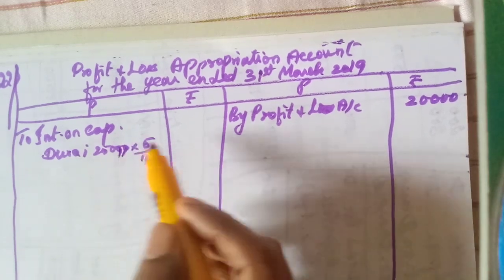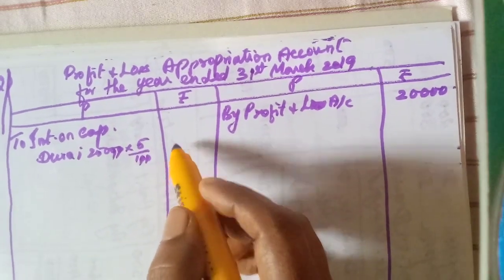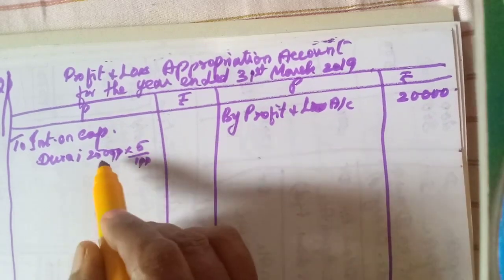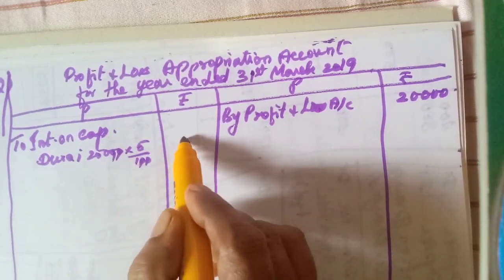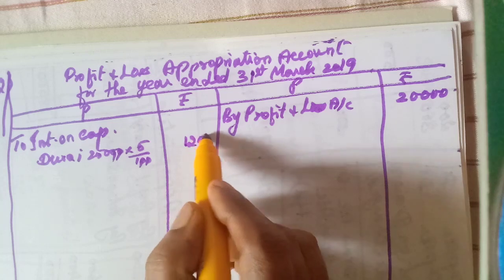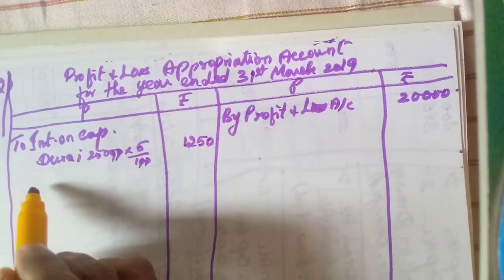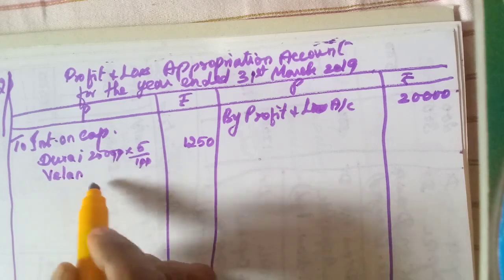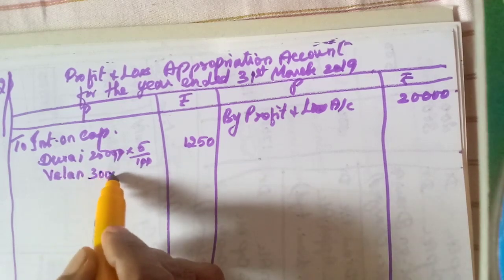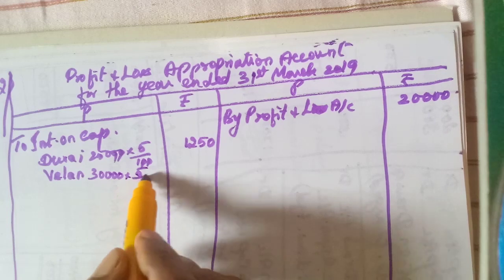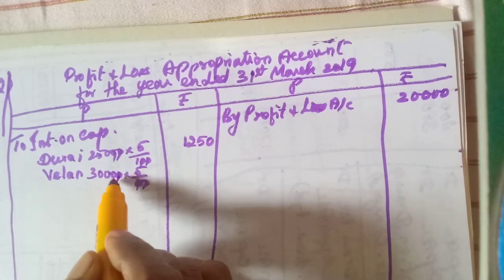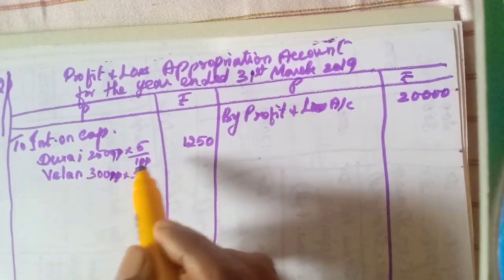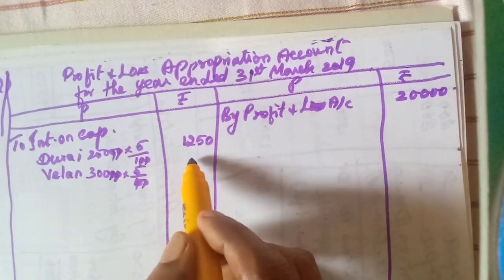So how much will he get? 25 into 5, 125, so 1,250. Then Velan, what is his capital? Opening capital 30,000. So for 30,000, same 5 by 100. 3 5s are 15, so 1,500.